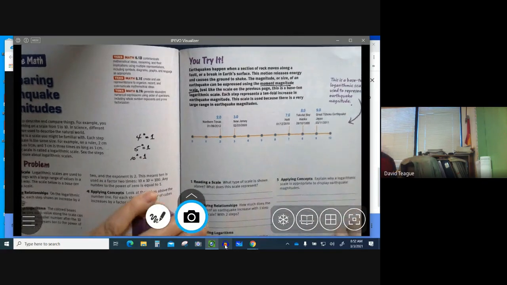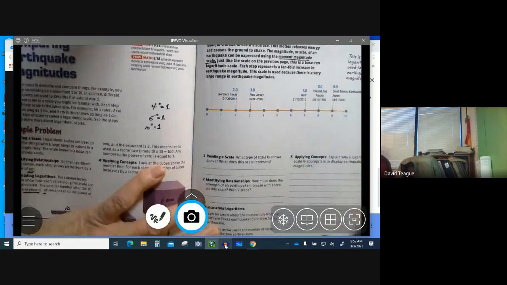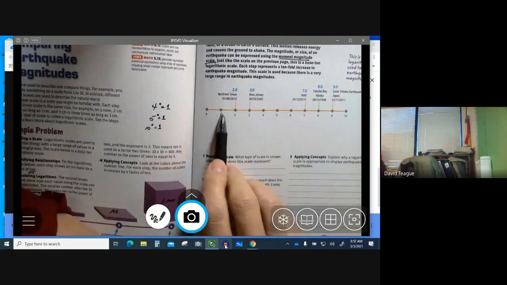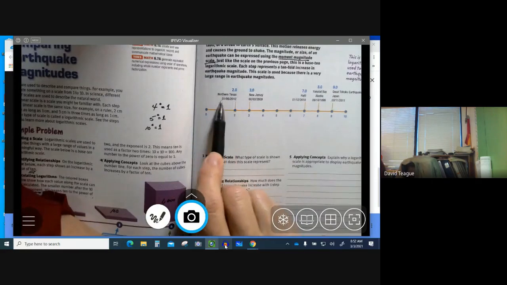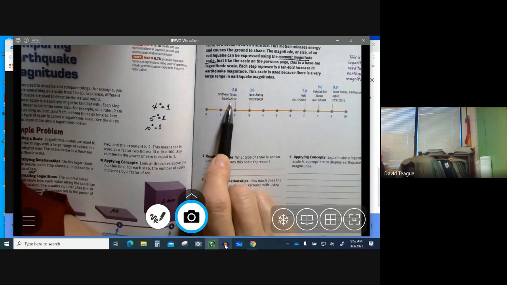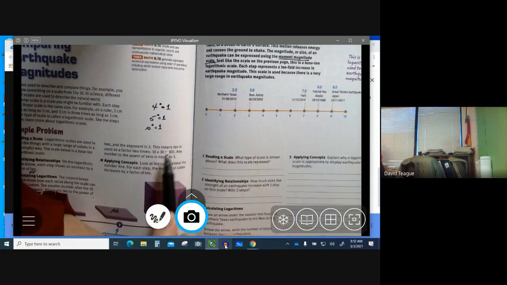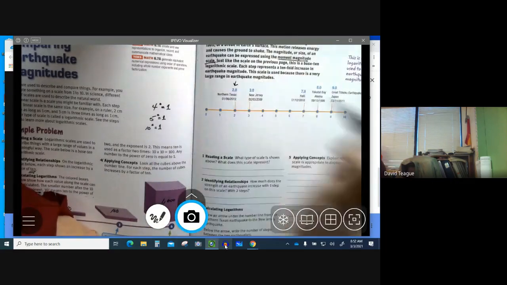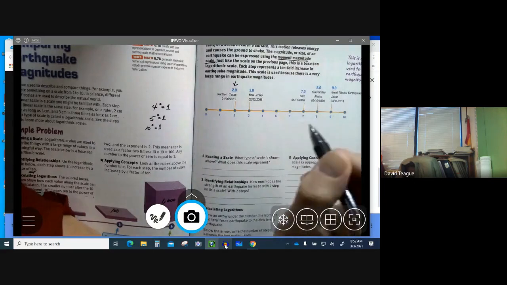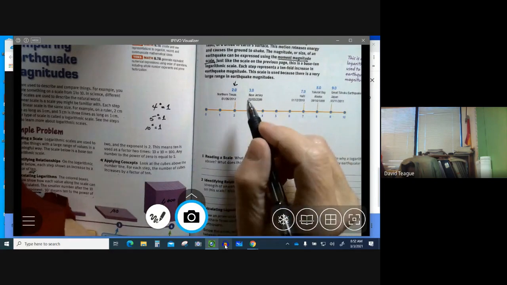So for example, on this scale right here, they actually have some current events of earthquakes. In northern Texas on January the 6th, 2012, apparently we had an earthquake, a 2.0. I don't remember that, but I wasn't here in 2012.